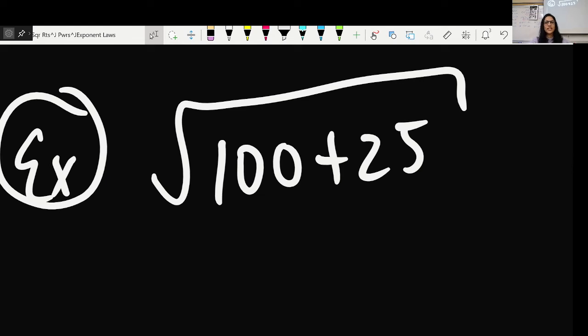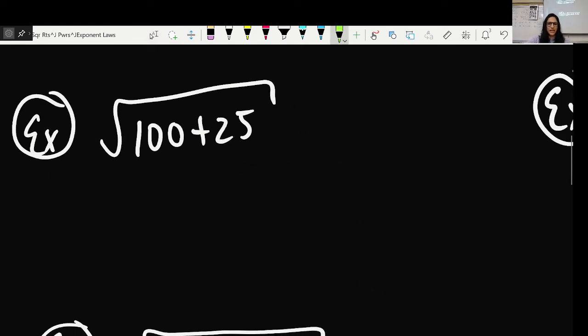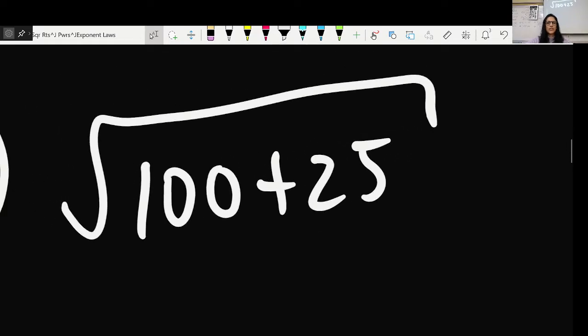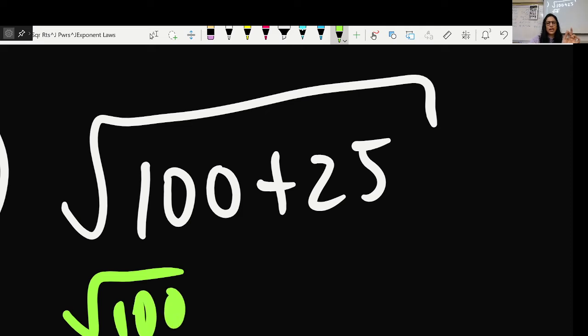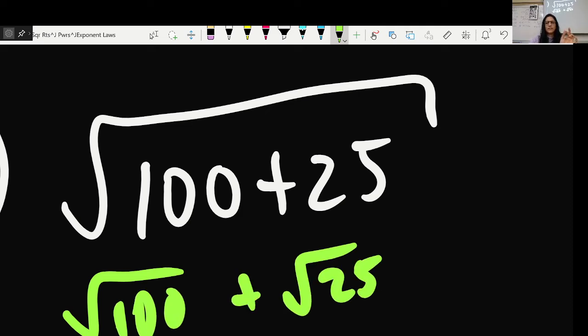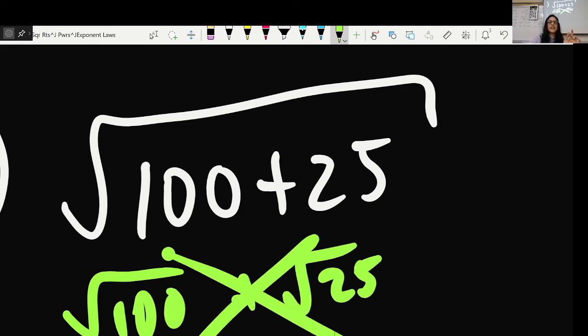Okay. Here's where things start to get, well, not super tricky, but there's a bit more going on. When we have something like the square root of 100 plus 25, and those are both under the root sign, I just wanted to show you, because sometimes people want to do root 100 plus root 25. We cannot do that.